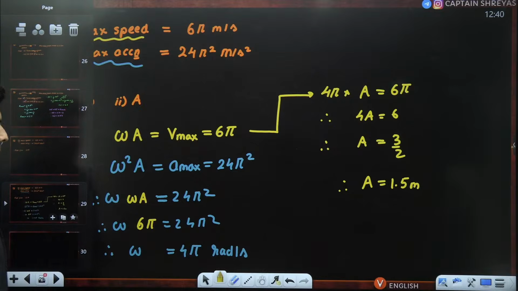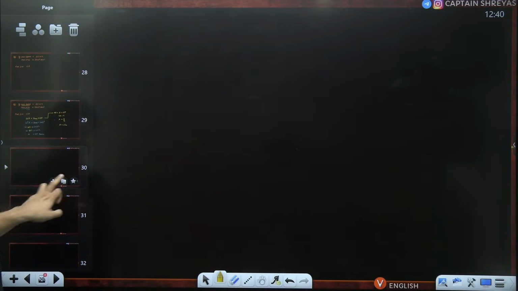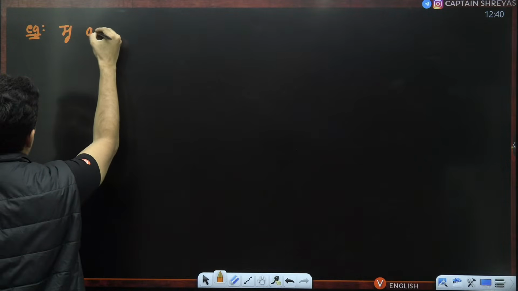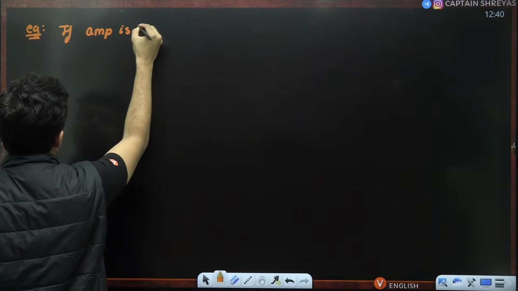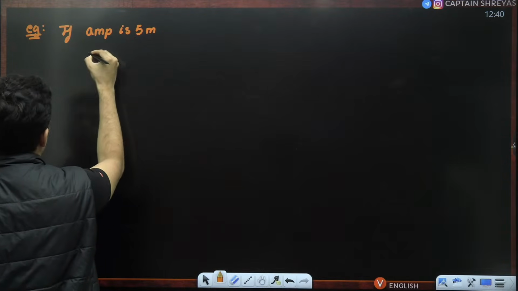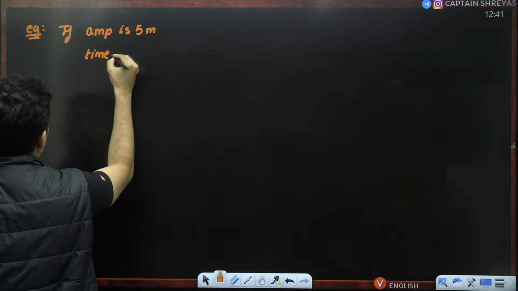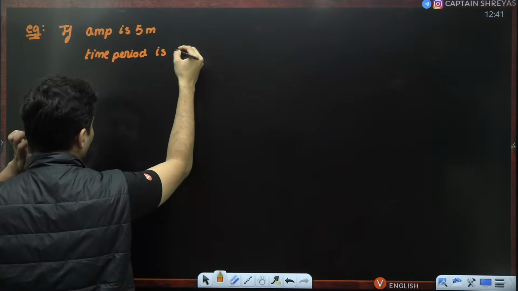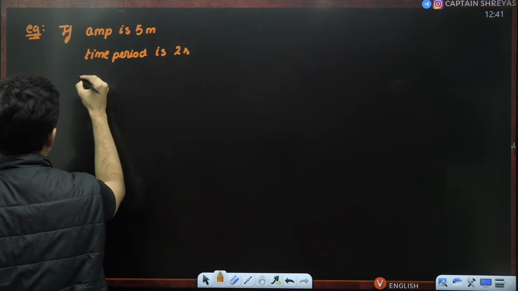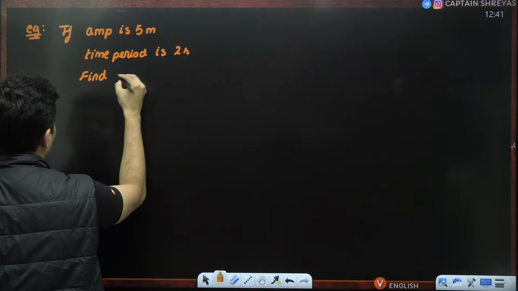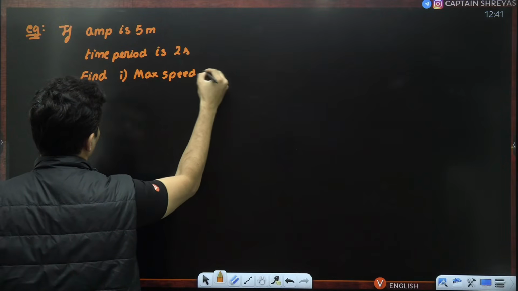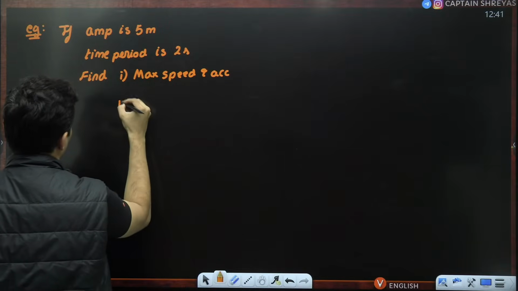Cool. Okay, so that is how you solve this. Let's move to the next question coming up on your screen. Here it is. If amplitude is 5 meters, time period of oscillation is 2 seconds, find number 1, maximum speed and acceleration.